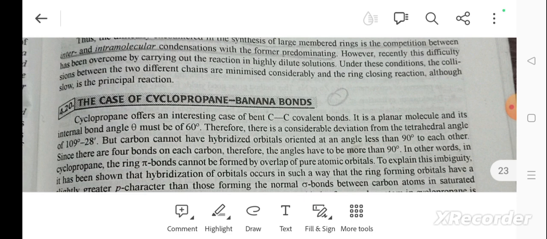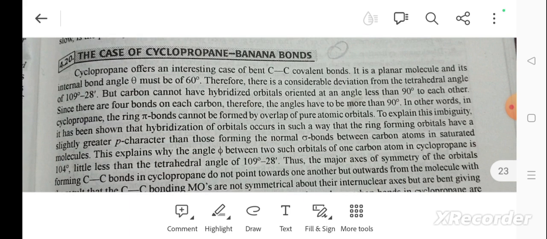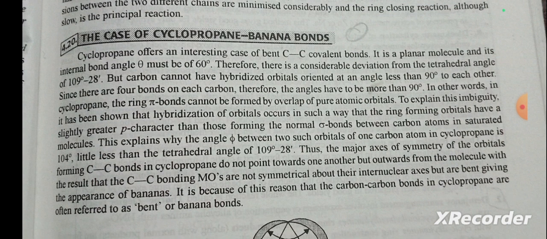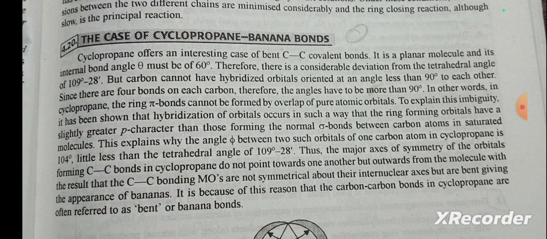The case of cyclopropane and banana bonds. Cyclopropane offers an interesting case of bending of the C-C covalent bond. It is a planar molecule and its internal bond angle must be 60 degrees. Therefore, there is considerable deviation from the tetrahedral angle, but carbon cannot use hybridized orbitals directed at an angle less than 90 degrees to each other.